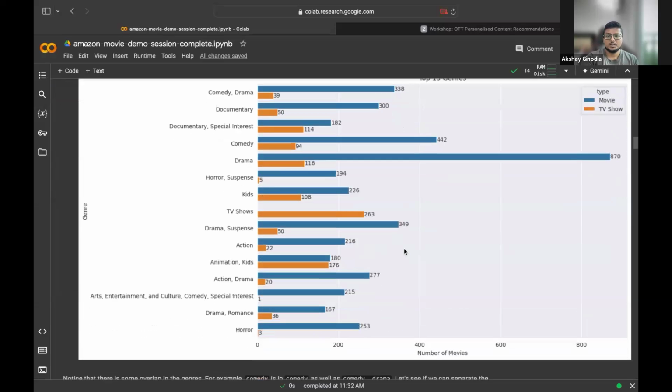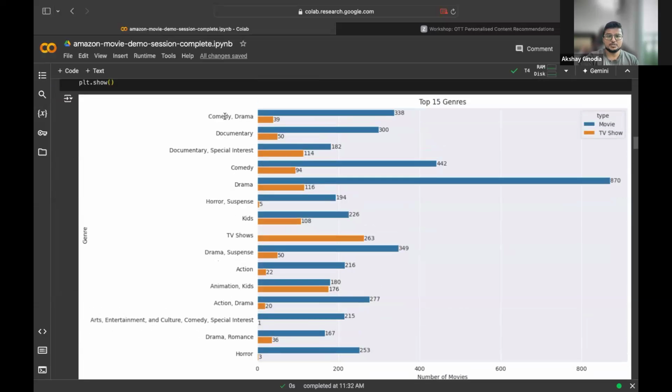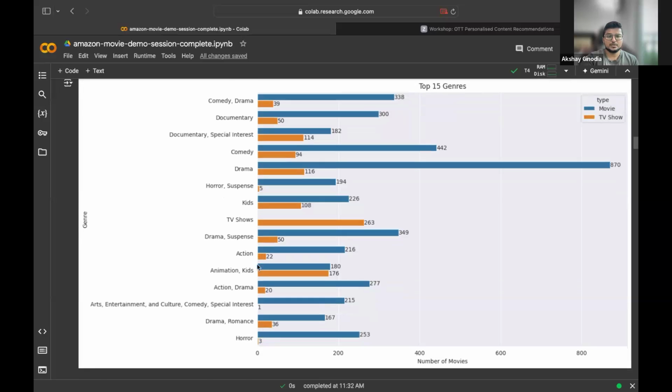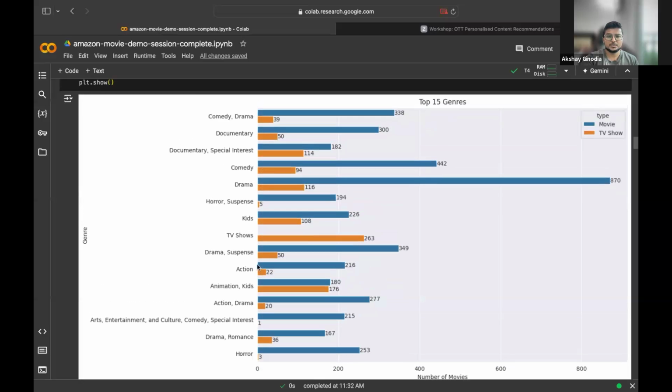Now you're going to see some entries have multiple genres within them, and that is not easy to see or understand. There is something called arts, entertainment, culture, comedy, and special interest, and it looks like there's a significant amount of that.